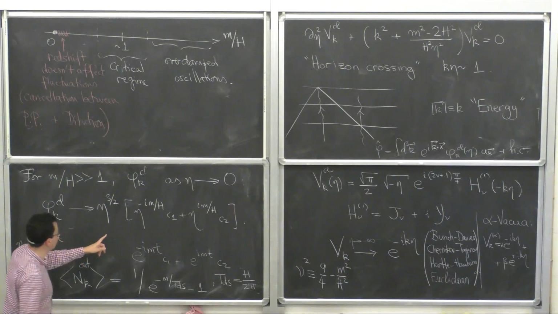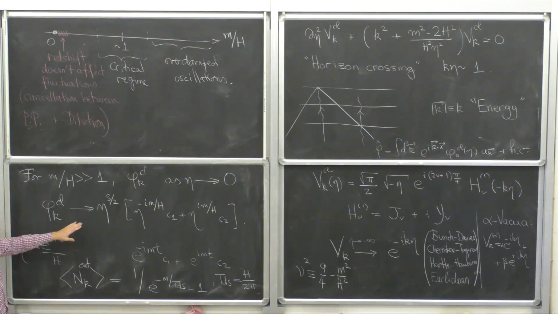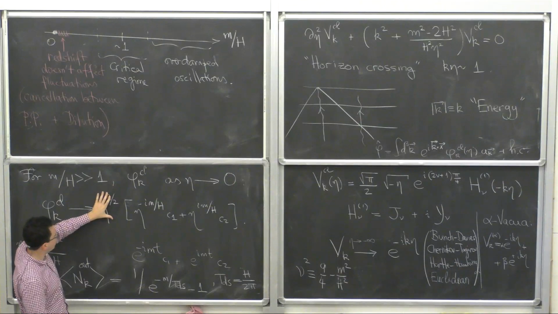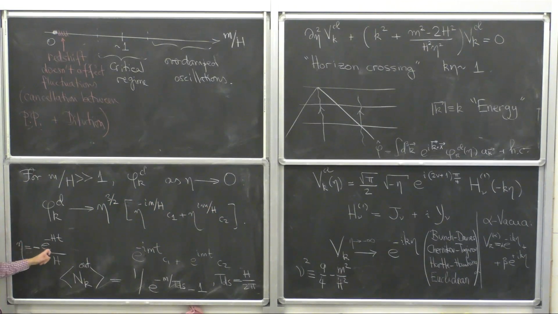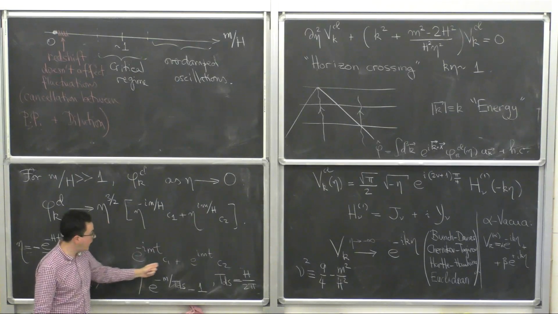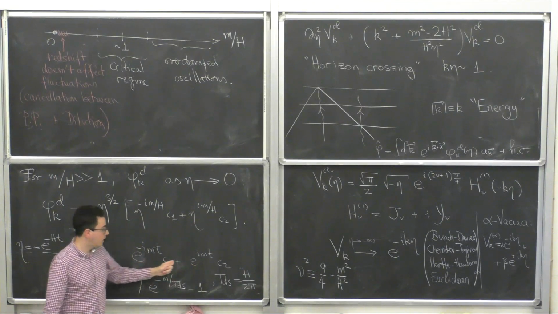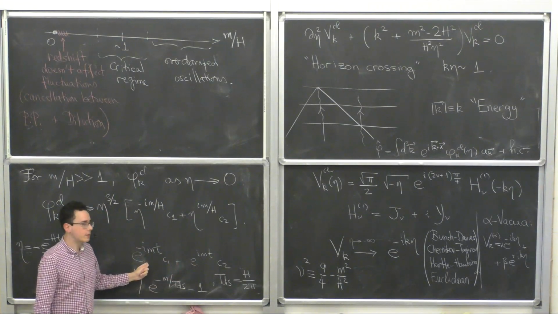Well, I said the following. I'll comment about this in a second. If you look at this part here, and you go to cosmic time, the variable t instead of eta, then these two terms look like plane waves, right?